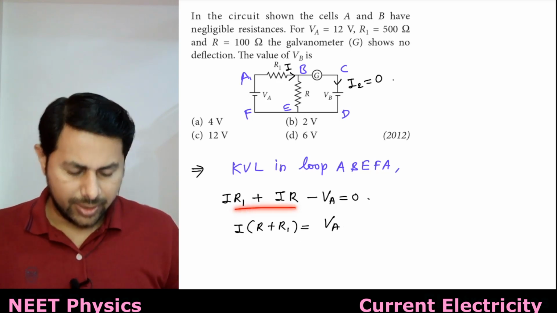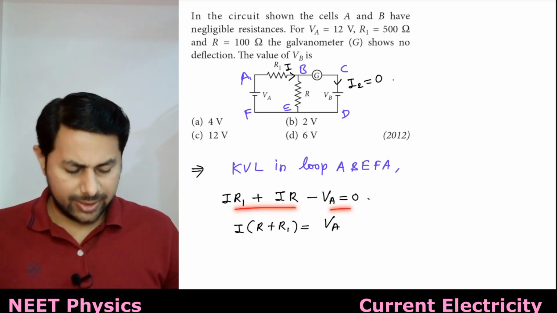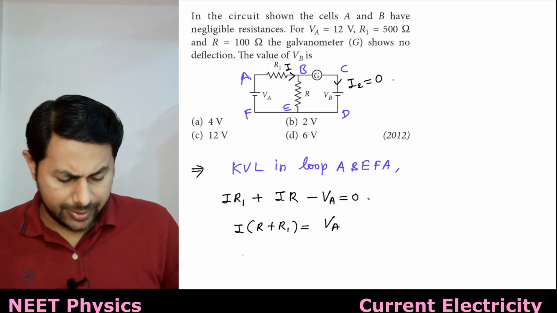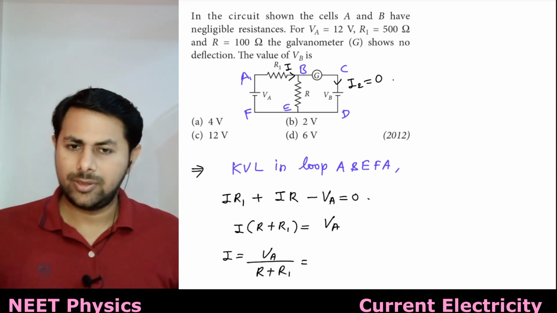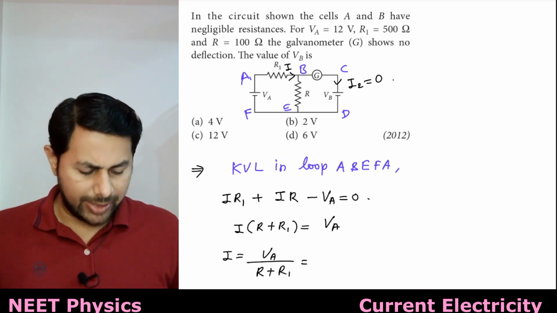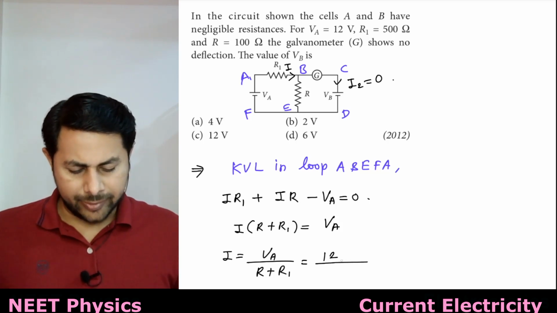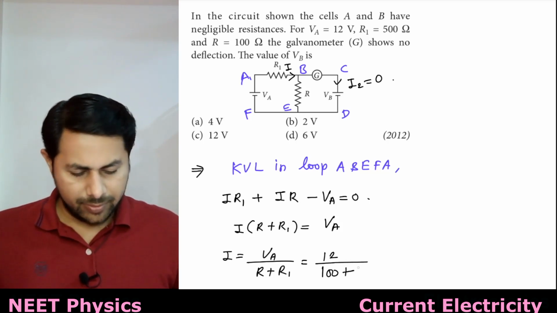So I is equal to VA divided by R plus R1. Put the values: 12 volts divided by 100 plus 500.